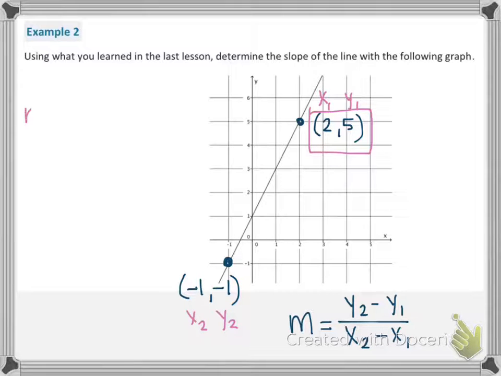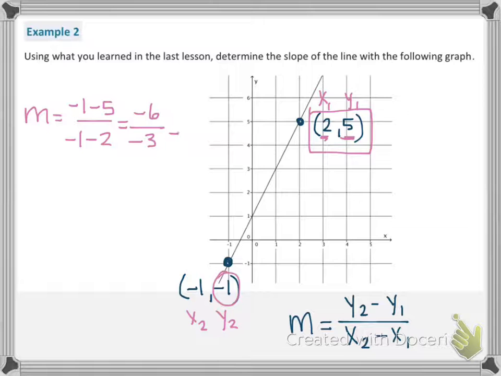So slope is equal to my y2, which was -1, minus my y1, which is 5, so it's -1 minus 5, over my x2, which is -1, minus my x1, which is 2. Then when we calculate this, -1 minus 5 is -6, and -1 minus 2 is -3.